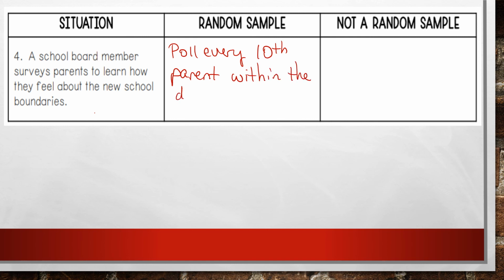This is a very distinct way to be pulling information. That way you have a pattern that you're following. All the parents were included and able to be drawn from, so that makes it random.